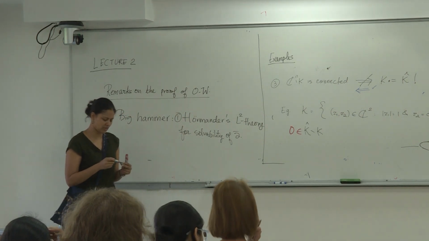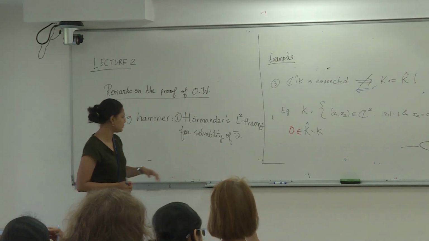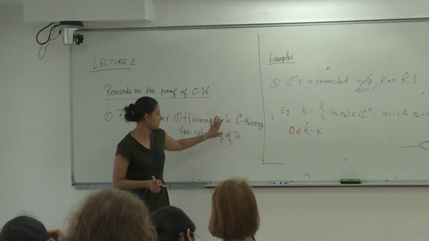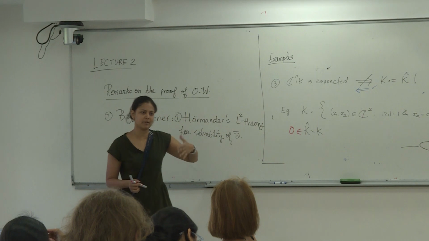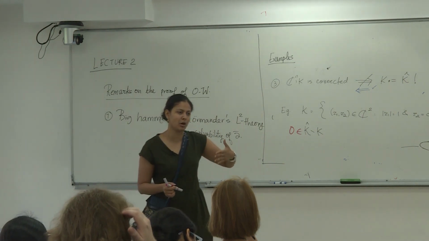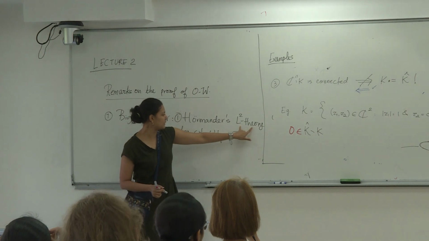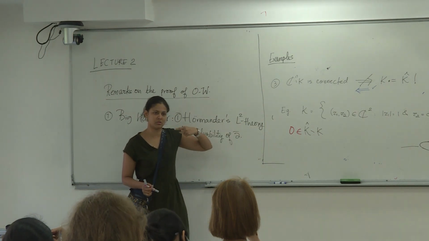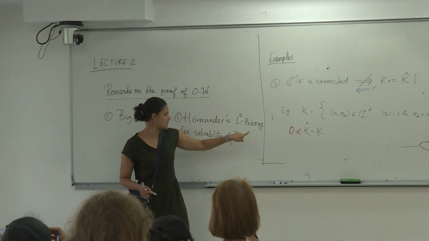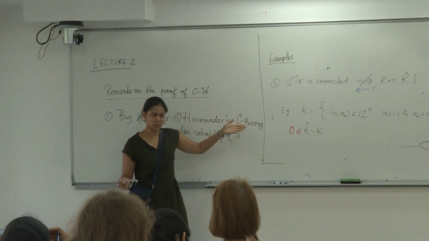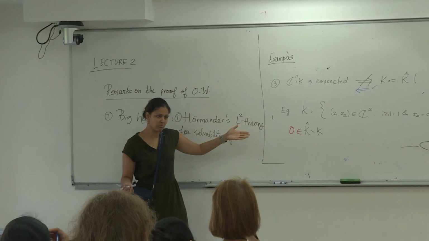But I will mention something because I was asked this question yesterday in some context. So when you're doing this, what this allows you to do is construct holomorphic functions which have certain desirable properties. And that's this piece, but the L2 theory part also gives you estimates. But the thing is, they're usually estimates in the L2 norm, and I made a big fuss about, oh, well, we are doing approximation in the uniform norm.